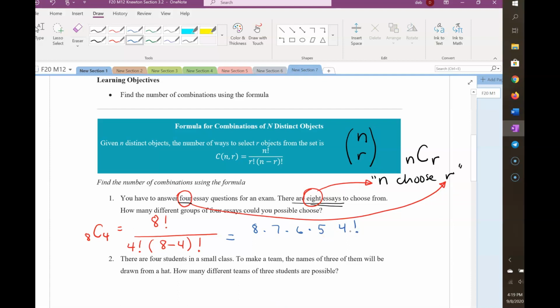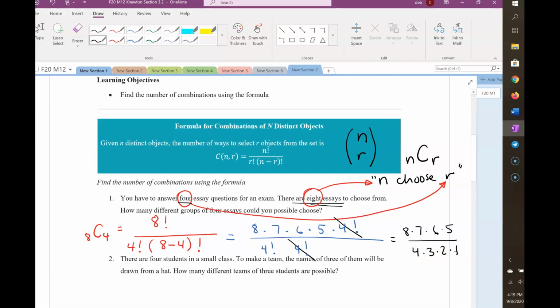So if we start writing out 8 factorial, it's 8 times 7 times 6 times 5. Well, the 4 times 3 times 2 times 1 part, that is 4 factorial. So I'm going to have 4 factorial and 4 factorial in the denominator, so I can cancel out one of those 4 factorials. So I'm going to have 8 times 7 times 6 times 5 over 4 times 3 times 2 times 1.